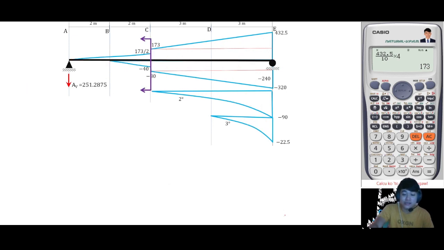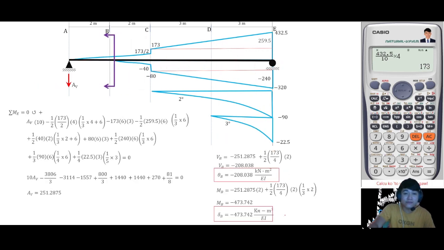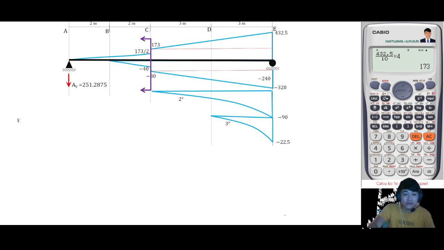Next is for the slope and deflection at C. So let's just move the cutting section at point C. Slope at C, for the slope at C, it is just the shear at point C. So just get the shear at point C. Again, downward forces from left to right are negative, upward are positive.